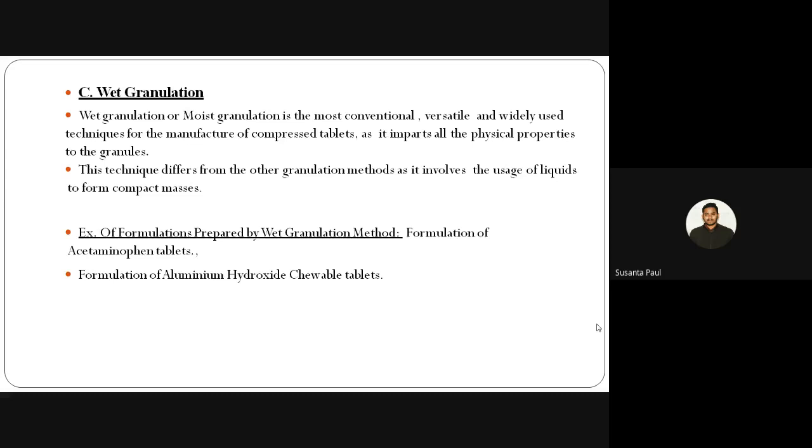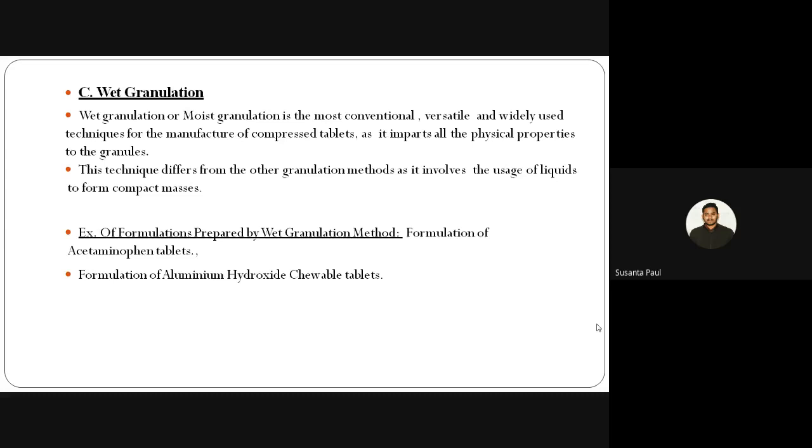After preparing that coherent mass, it is allowed to pass through sieve number 8 or sieve number 10. If the mass sticks to the wire of the sieves, it will indicate over-moistening. Now the wet granules are spread in trays first and dried at 60 degrees Celsius in a hot air oven or tray dryer.